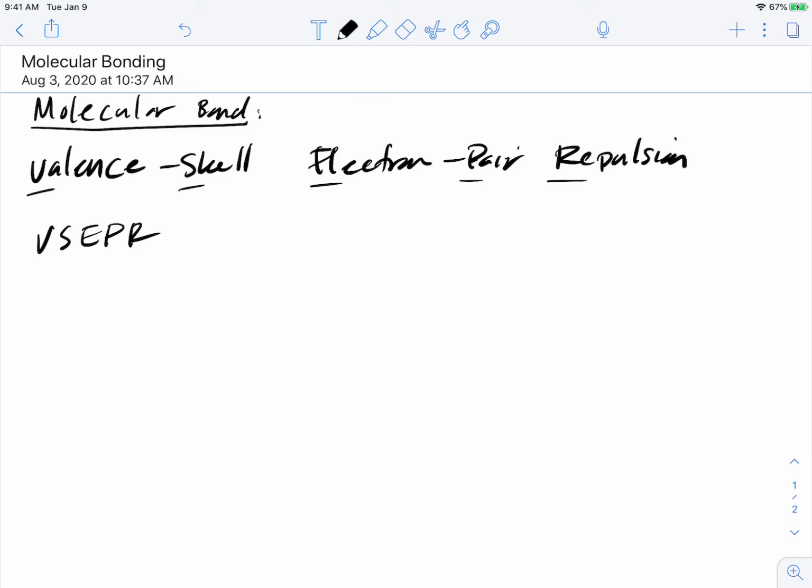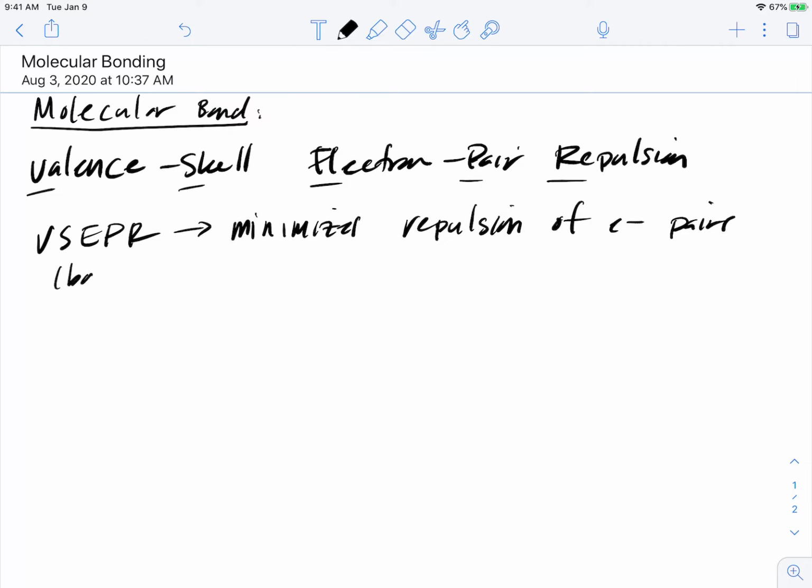And anyway, what VSEPR does is look at drawing your structures in such a way that minimizes the repulsion of electrons, or specifically electron pairs, either bonding or non-bonding.